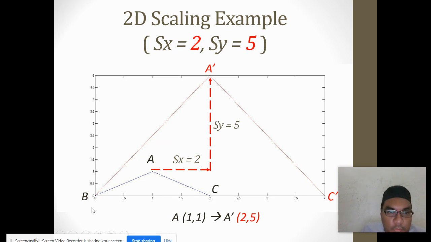For b at 0 0, multiplied by 2 and 5, it becomes 0 0. It doesn't move anywhere, so b dash is also here. For c, 2 multiplied by 2 becomes 4, and the y coordinate 0 multiplied by 5 becomes 0. So for the scaling of 2 5, the shape becomes bigger like this.